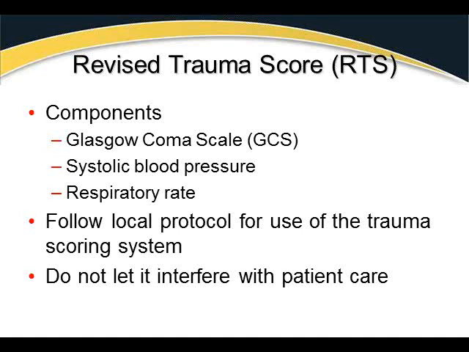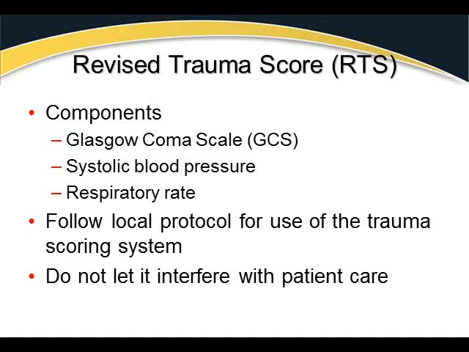If you want to see the official breakdown of the revised trauma score, you can look at page 801 in your text. It shows that depending on your Glasgow Coma Scale range, you get 4, 3, 2, 1, or 0 points. Systolic blood pressure greater than 89 is good; between 76 and 89 is 3, and so on and so forth.